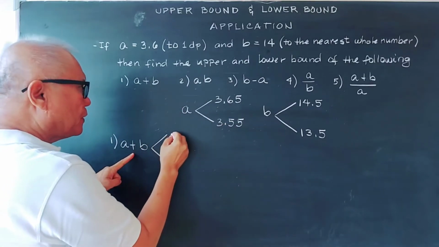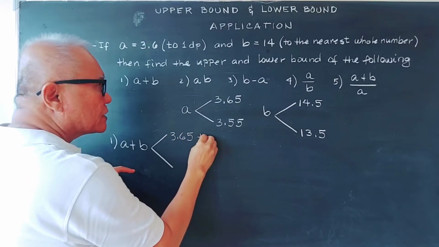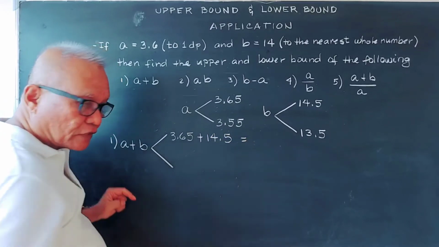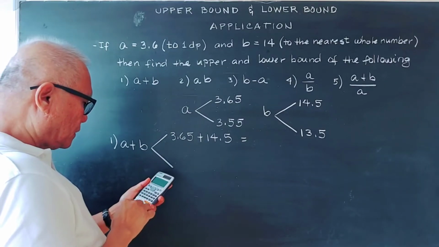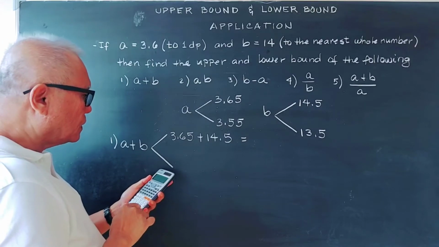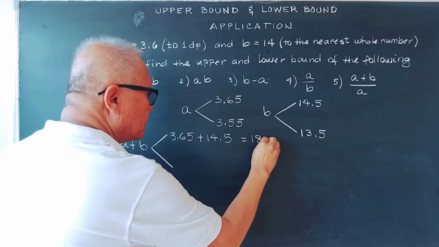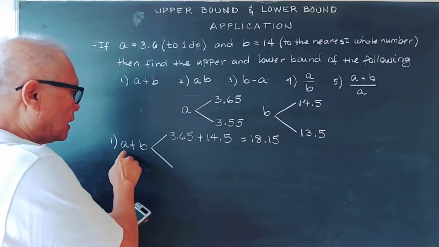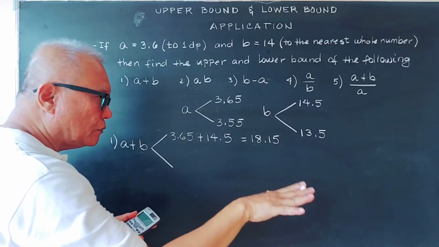So for the upper, we have 3.65 plus 14.5, and then get your calculator now, we will compute. 3.65 plus 14.5 is 18.15, the upper bound. The lower bound of this one is both lower, minimum and minimum.